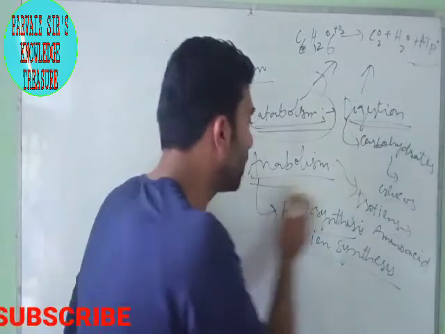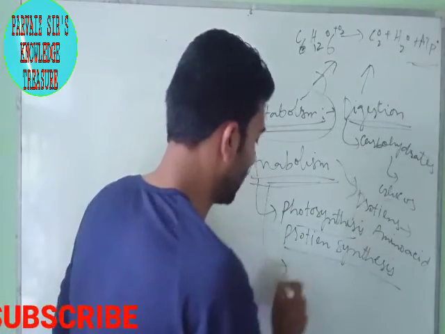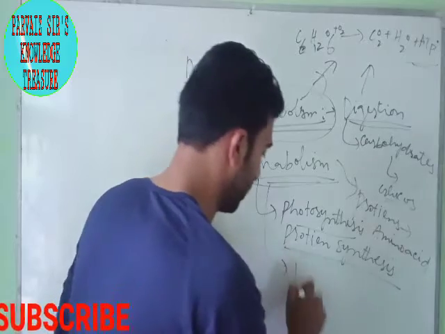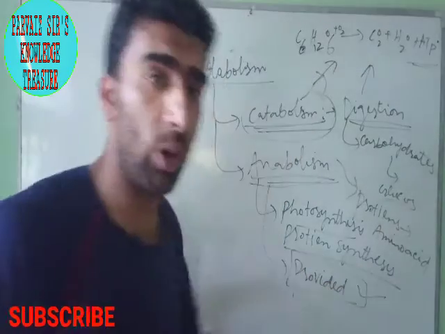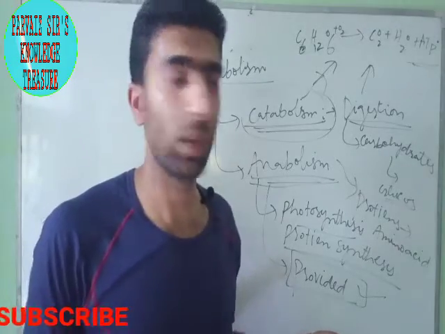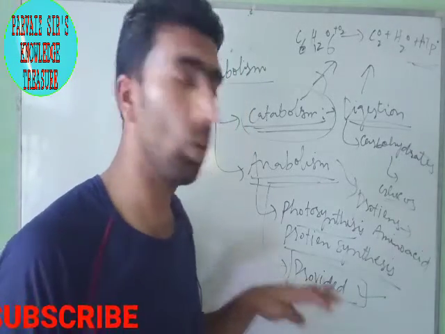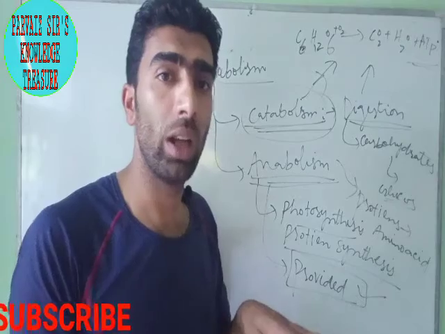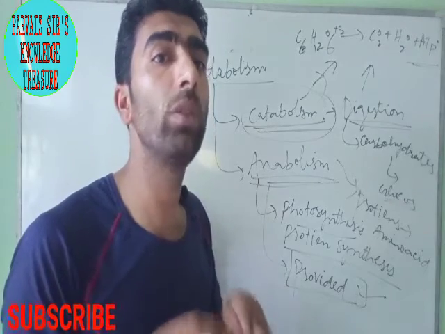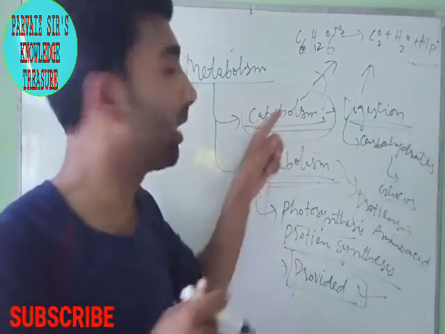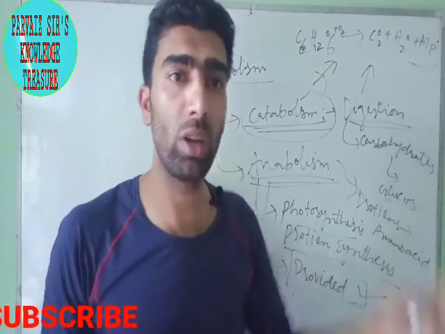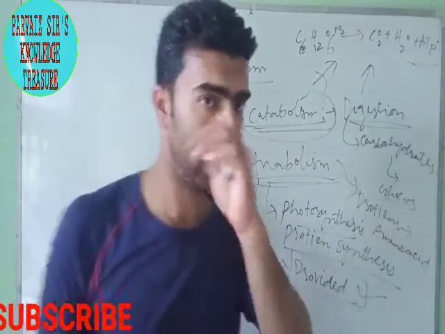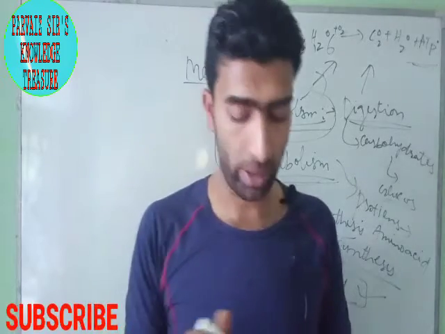And when anabolic reactions occur, energy is to be provided. They cannot occur without giving them energy. Anabolic reactions do not occur unless you give them energy. Catabolic reactions produce energy. This was the topic for today.